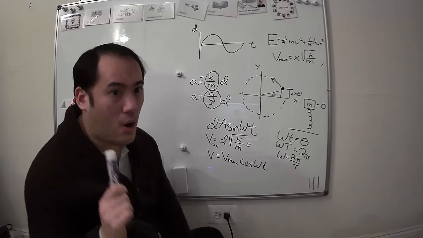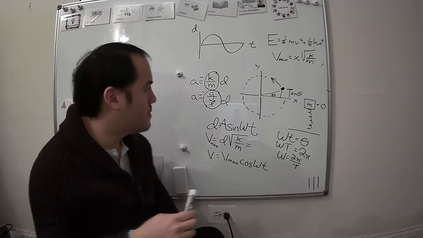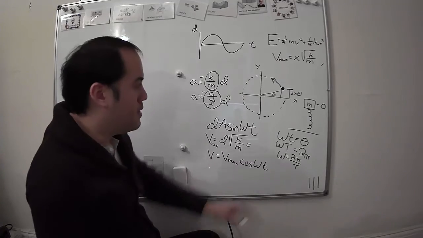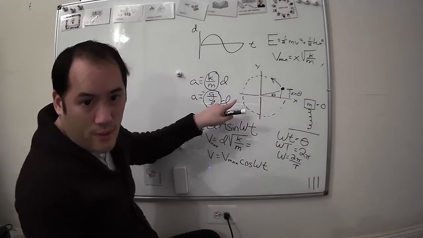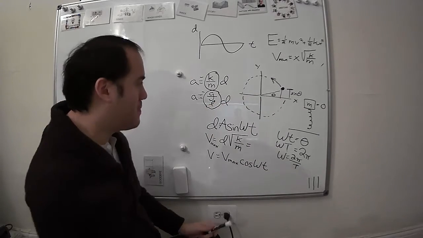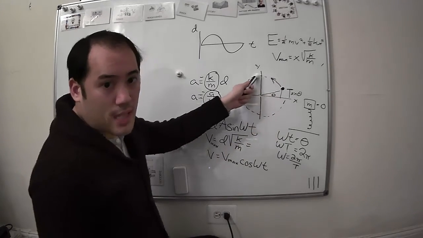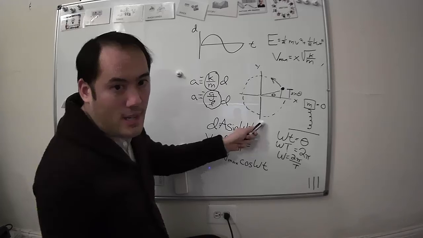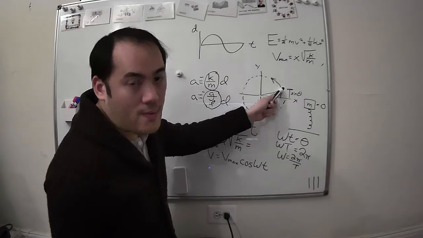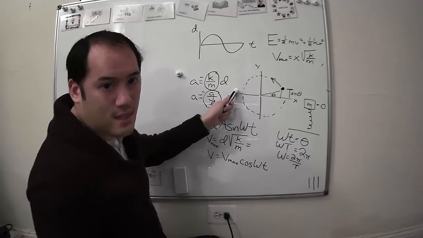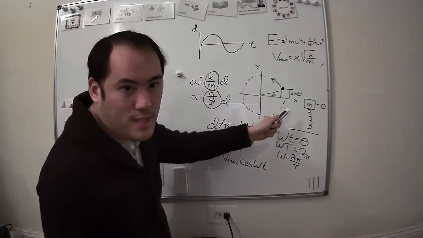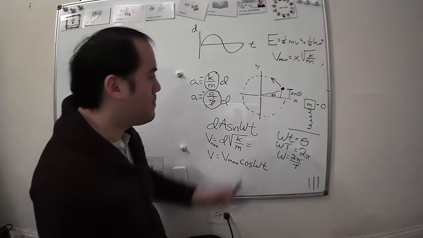The ball's always going the same speed, but it's going the fastest up over here, and going the fastest down over here. Let me show you again. Look at my marker. My marker is always going the same speed, but it's going the fastest up now, and it's going the fastest down now. Fastest up, fastest down.